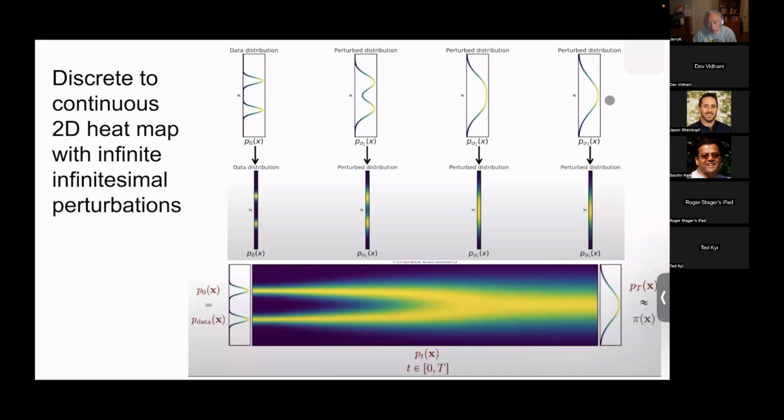Overall, you keep on increasing the perturbation. Right now it shows 4 steps, but you can have 8, 10, 20, and so on. What you see below is the one-dimensional heat map that represents the noise densities, the distribution densities, corresponding to the noise that is injected.